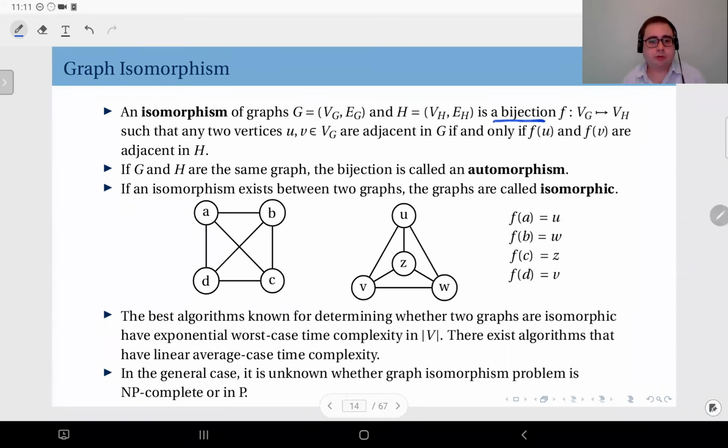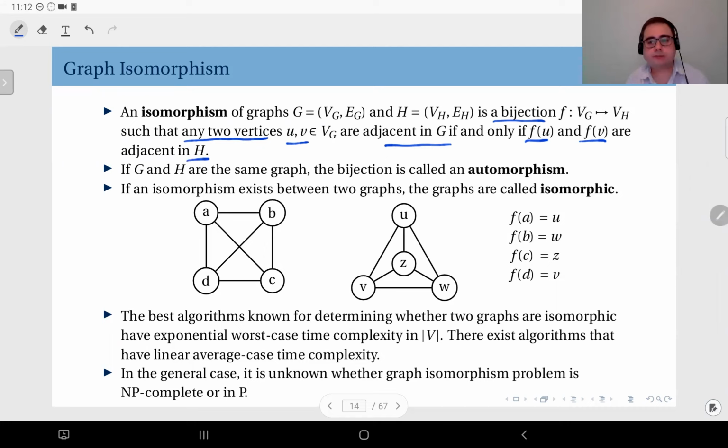So an isomorphism is actually a function, or a mapping from the vertex set of one graph to the vertex set of another, such that any two vertices u and v in the vertex set of the first graph are adjacent in G if and only if the vertices they are mapped to through the isomorphism are adjacent in the second graph.